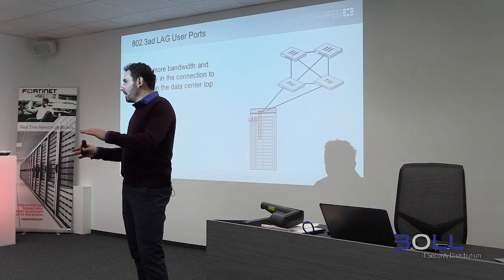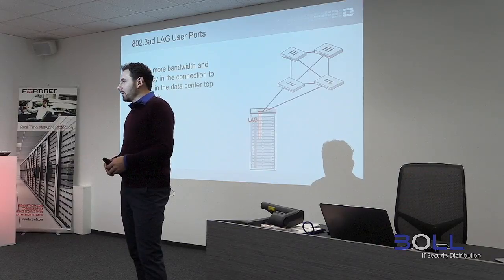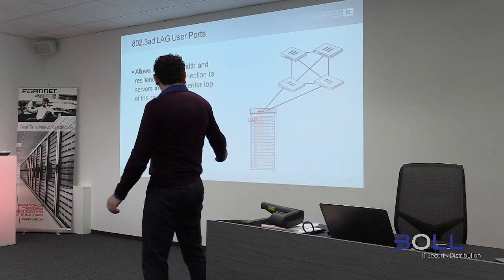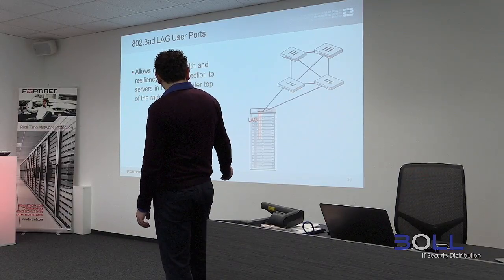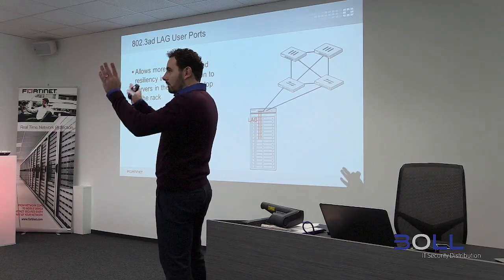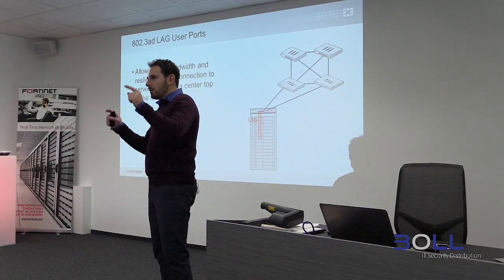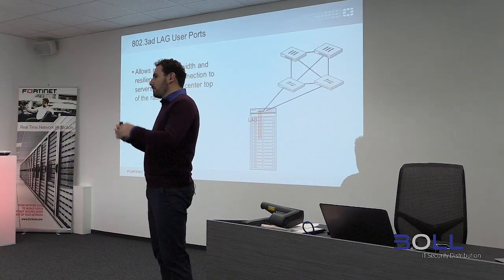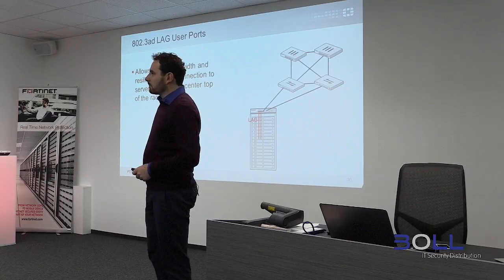So that's already committed in the list of items. So it's just a matter of timing. We should have that. So you can configure, let's say you want to connect the server to two different switches. You can create MLAG between them and plug the ports. Yeah.